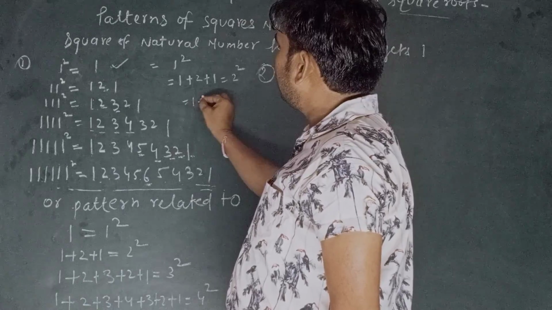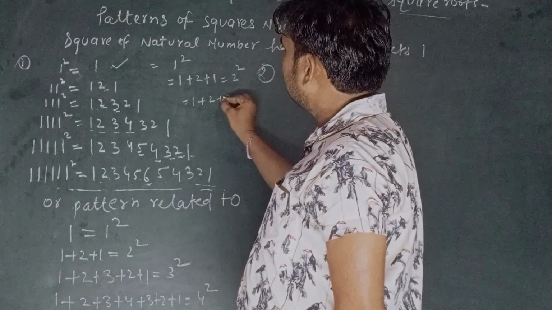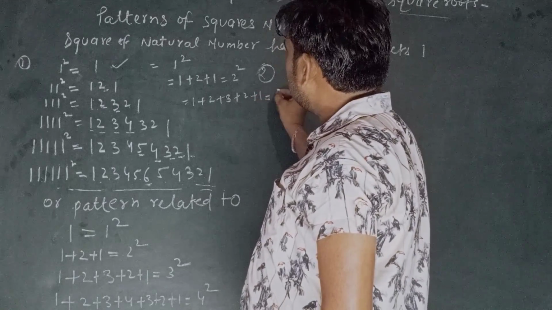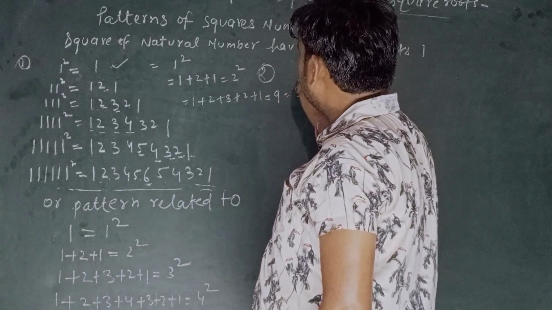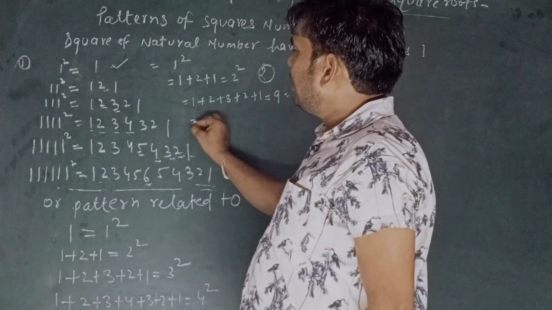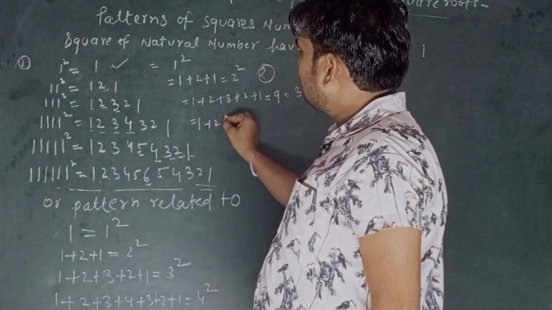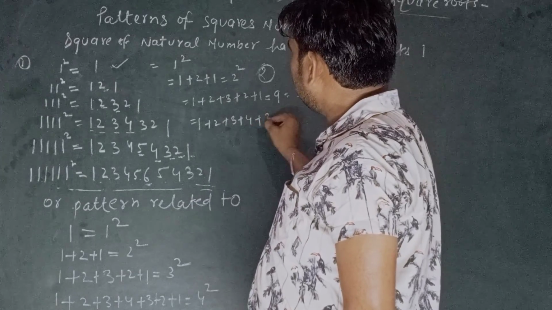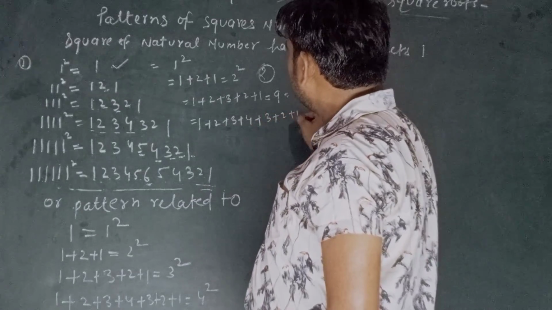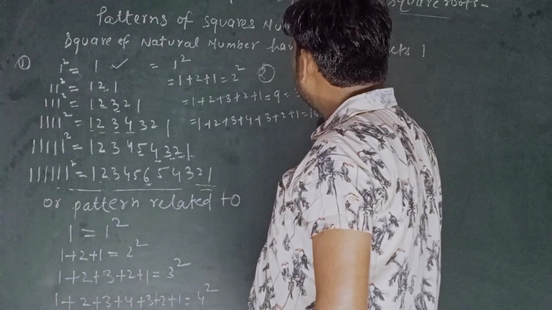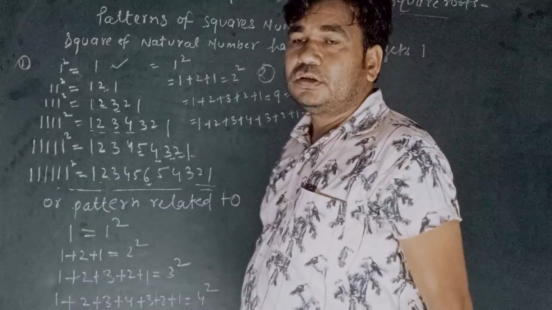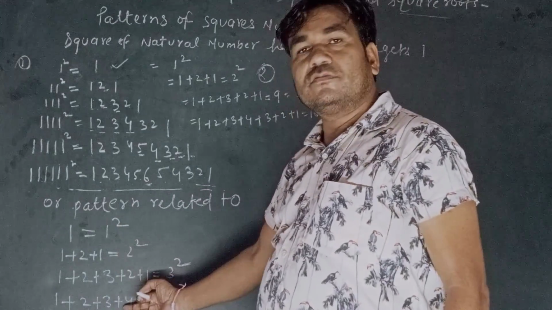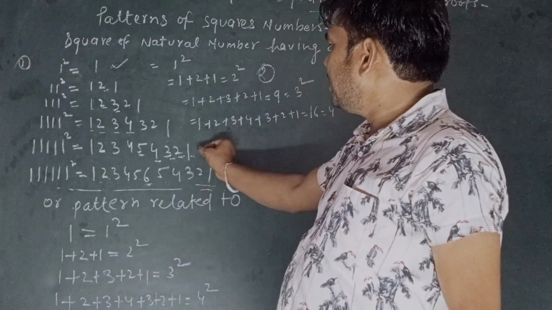And 1 plus 2 plus 3 plus 2 plus 1 equals 9, which is 3 square. And 1 plus 2 plus 3 plus 4 plus 3 plus 2 plus 1 equals 16, which is 4 square. So students, this is the interesting pattern I have explained here.